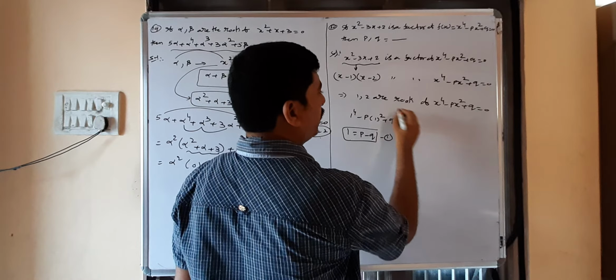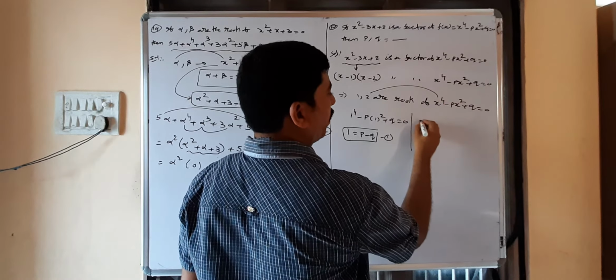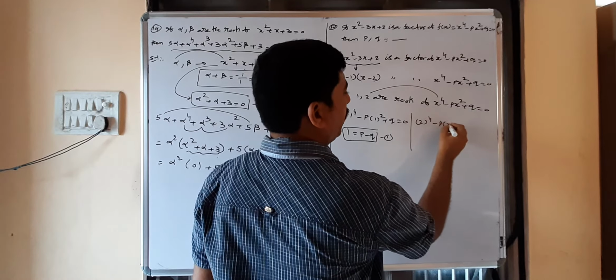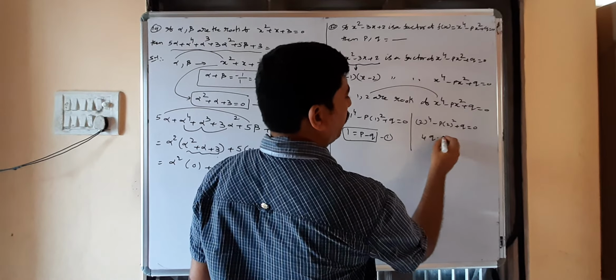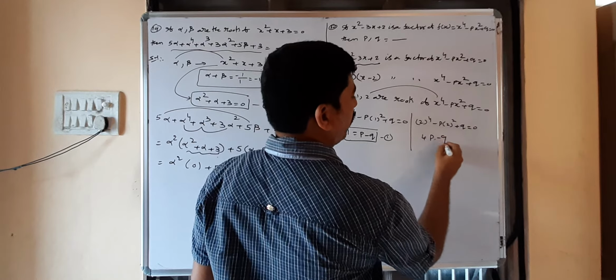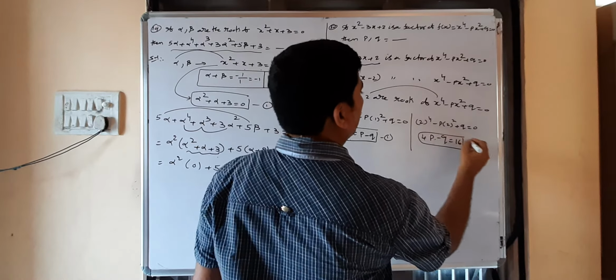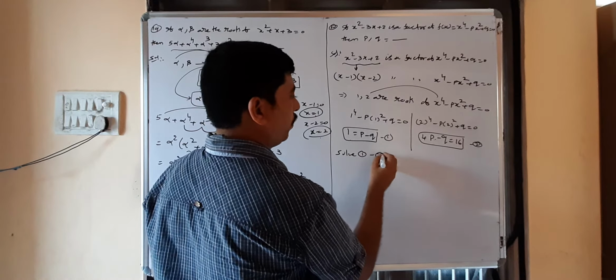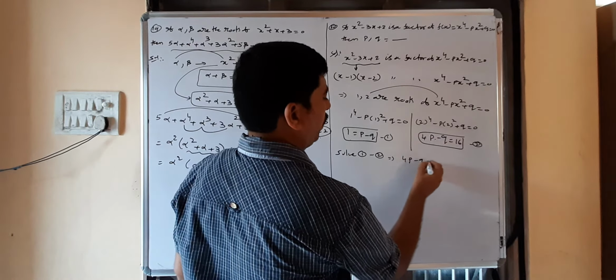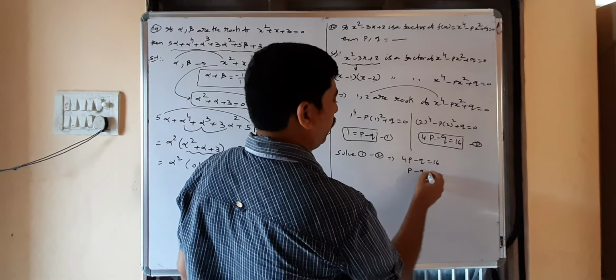Equation 1. 2 is a root, so we substitute 2 in place of x: 2⁴ - p·2² + q = 0. That is 16 - 4p + q = 0, so 4p - q = 16. Solve 1 and 2: 4p - q = 16, p - q = 1.